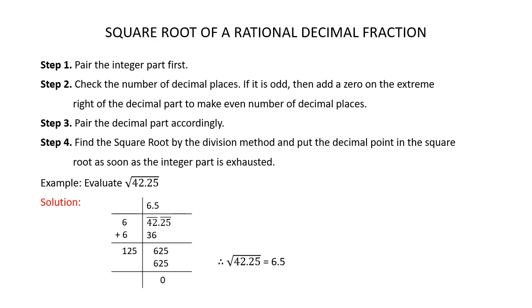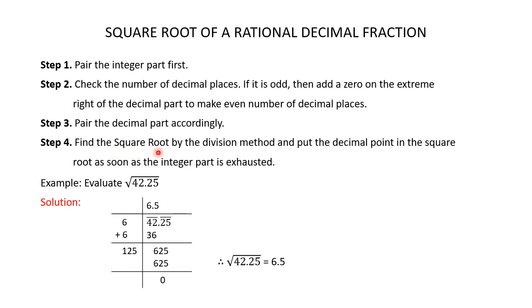That is, if there are an odd number of digits after the decimal point, then add a zero at the extreme end, so that now you will get an even number of digits after the decimal point. Once you get an even number of digits after the decimal point, you can pair two digits into one group easily. Now pair the decimal part accordingly.